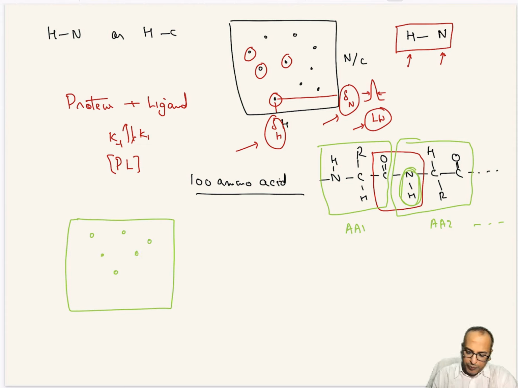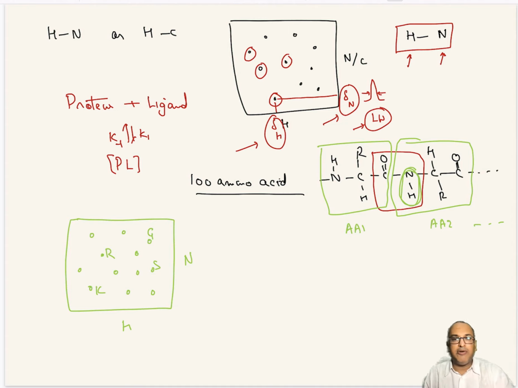But what we have learned is that each of these peaks will report the local structural environment of these NH bonds, but we don't know which peak belongs to which amino acid. We don't know whether this is glycine or this is a serine, or this is an arginine or lysine.